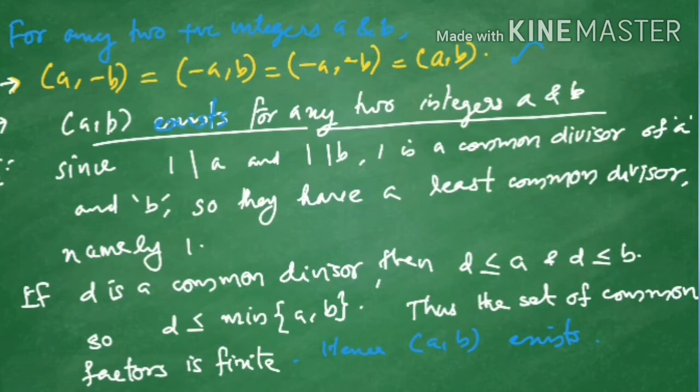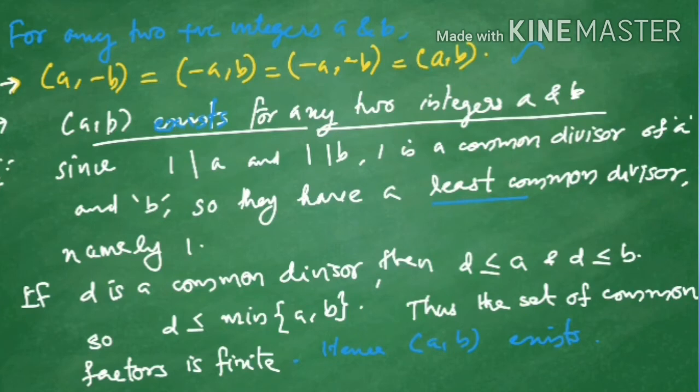The reason is that 1 is always a divisor of any number. Any number can be written as 1 times the number itself. So there is a least common divisor or common factor for any two numbers, that is 1. Why is it the least one?